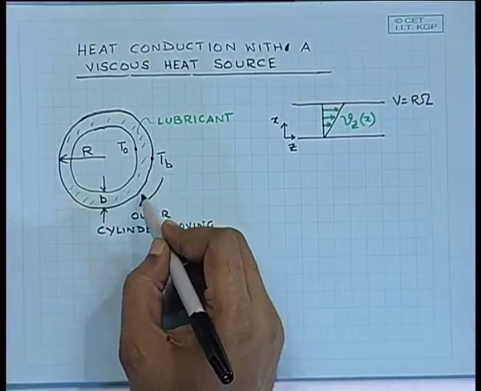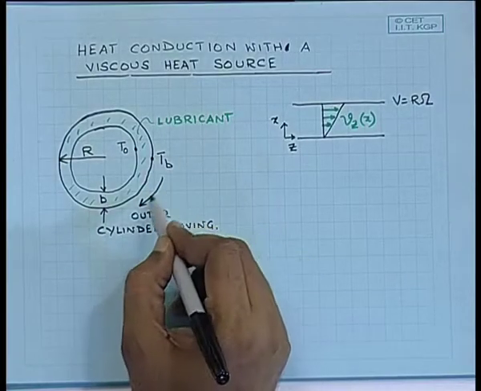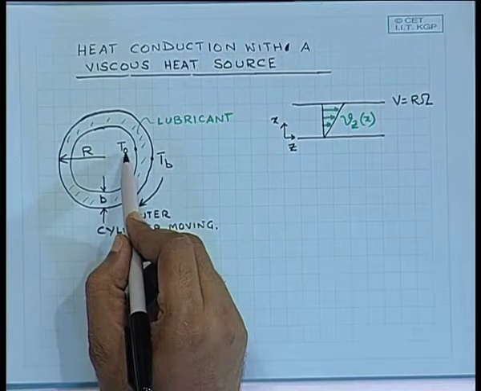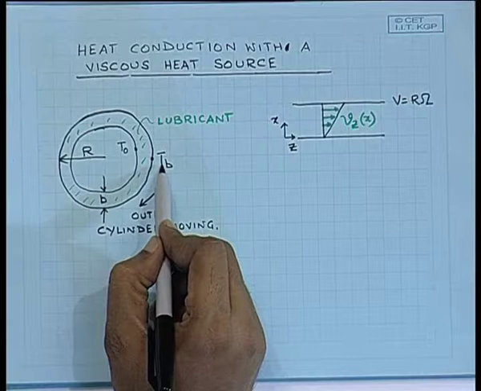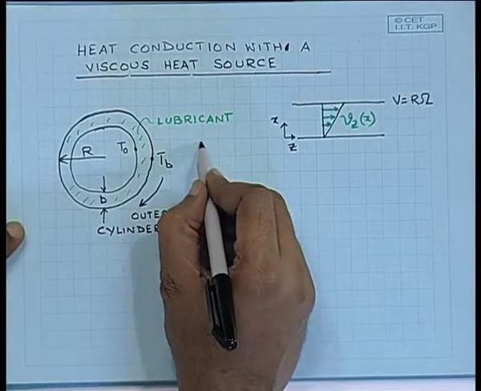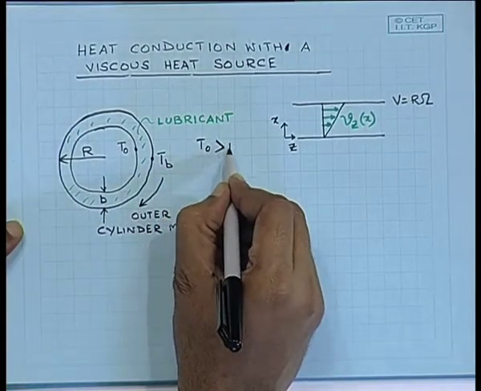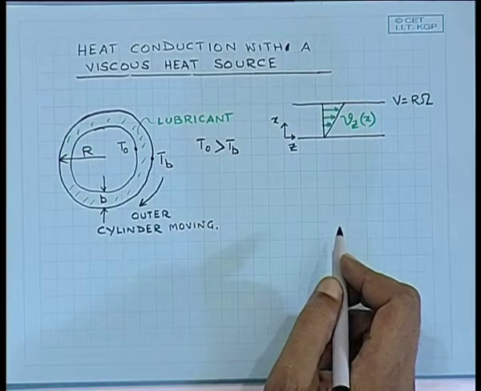Now, the system at hand is two cylindrical bearings, the outer one moving with some velocity. The temperature of the inner one is T0, the temperature of the outer one is Tb, and let us assume that for this specific case T0 is greater than Tb.